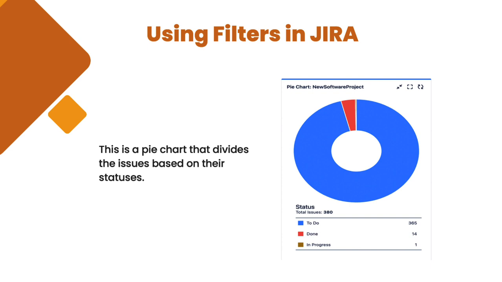By effectively utilizing filters in Jira reporting and dashboards, we can create customized and obvious views of project metrics and KPIs, eventually helping us in making informed decisions. So this is how we can create different gadgets in Jira.